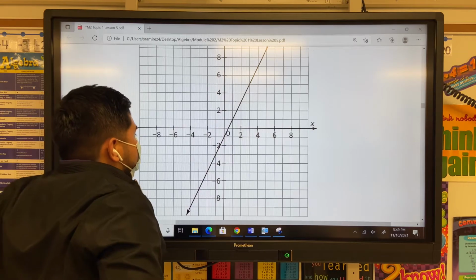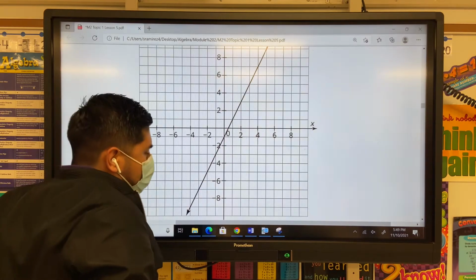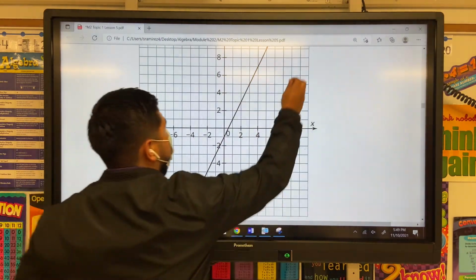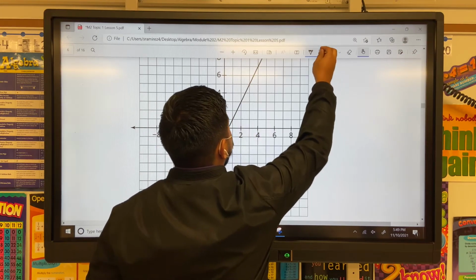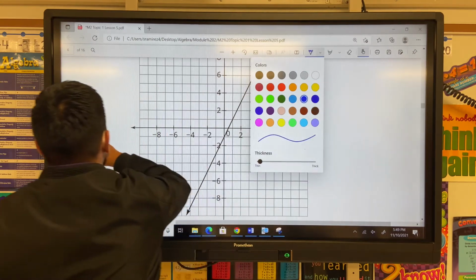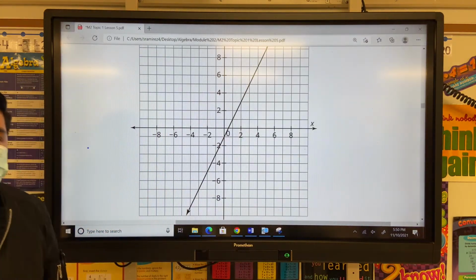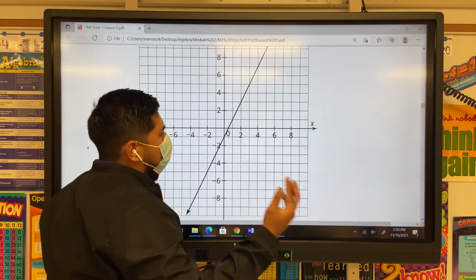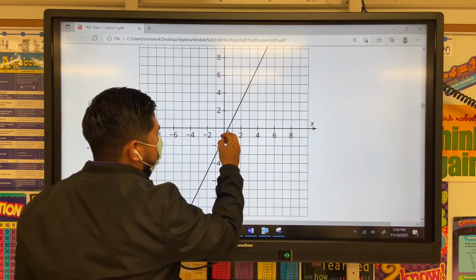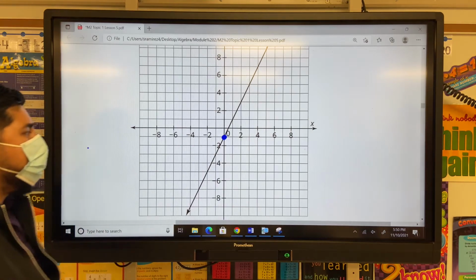We can't choose points that do not exist, and that's very important. A lot of us need some help, so definitely encourage coming to tutorials, coming to any type of math guidance for help for looking for points. The first point we're going to point out is the y-intercept. That's where it's intersecting on the y. That's -1.